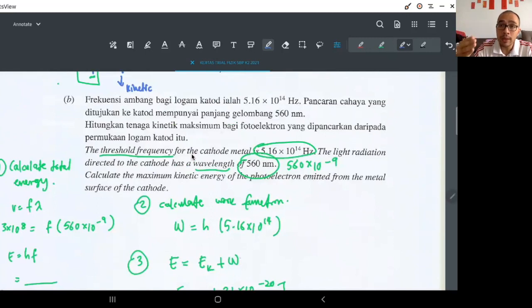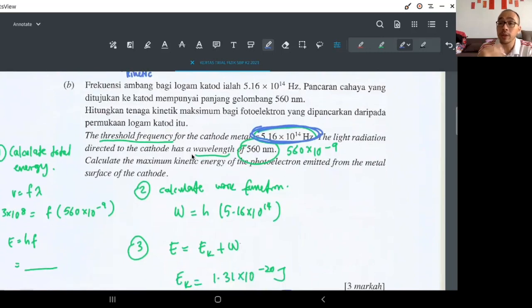If we want photoelectrons to be produced, the frequency of the light must be at minimum the threshold frequency. Our 5.0 here is less than 5.16, so there will not be a photoelectric effect.